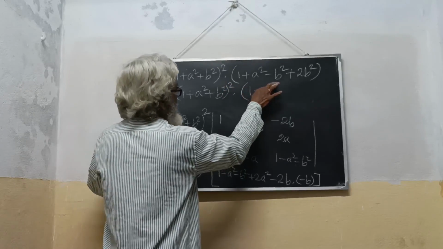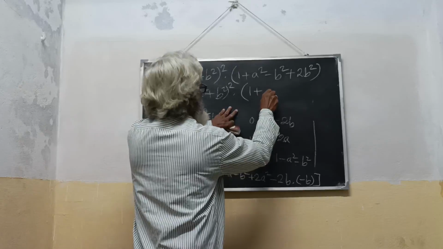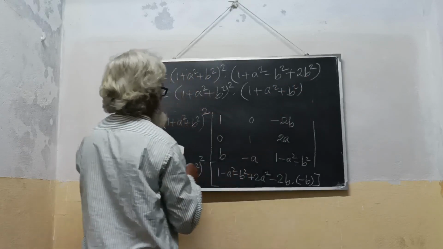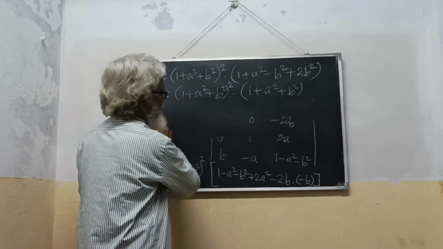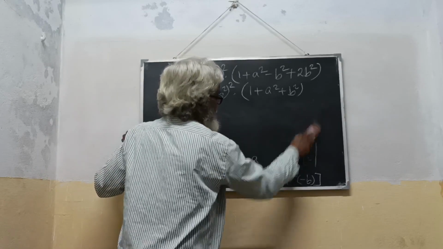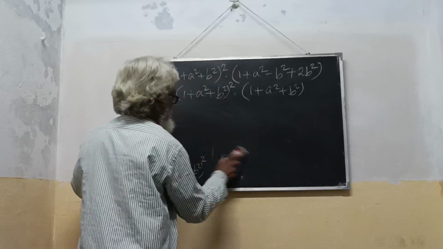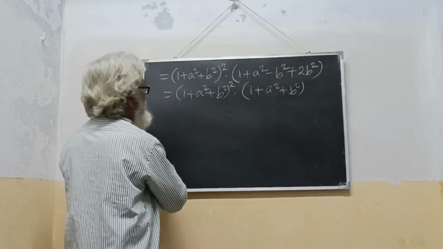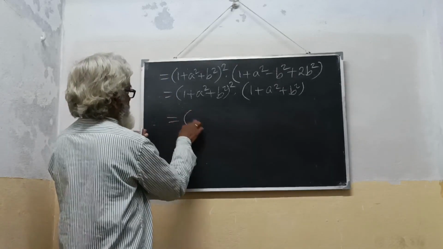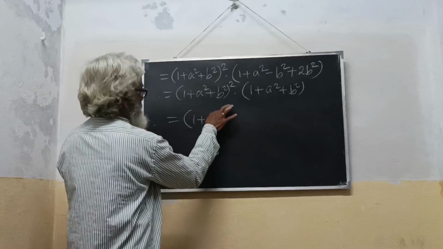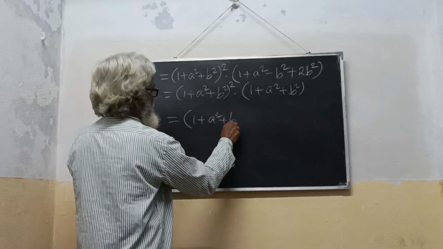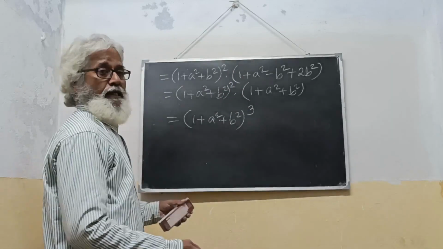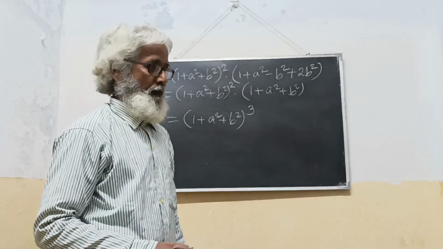You will get another 1 plus a square plus b square, and ultimately you get 1 plus a square plus b square whole cube. Proved. Okay, clear? Write it.